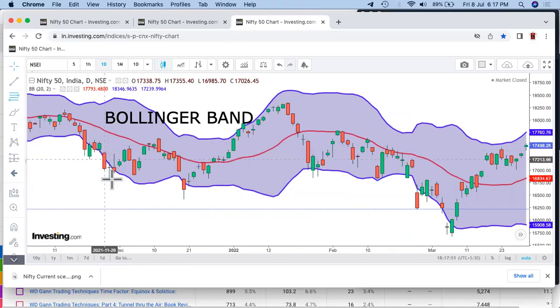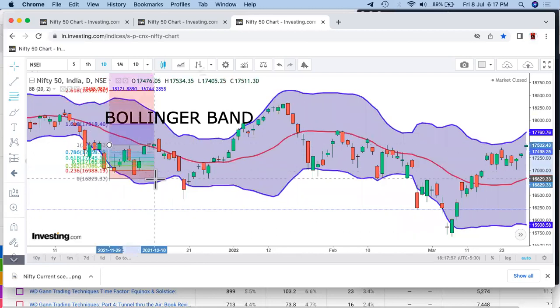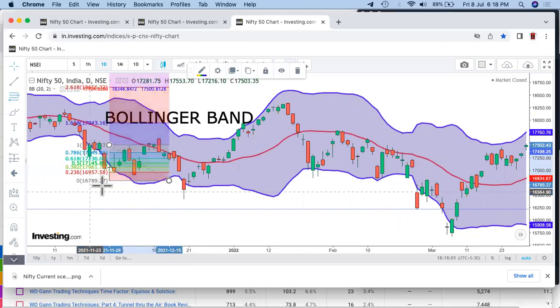I'll just draw a few of the Fibonacci's. So for example, it was touching down, it went up. Taking cognizance of that, probably you will come to know that this is more of a reversal, and this can be said as a trend reversal where the price starts moving up.